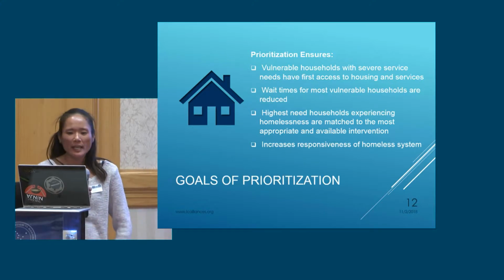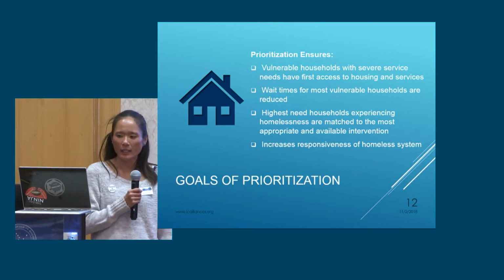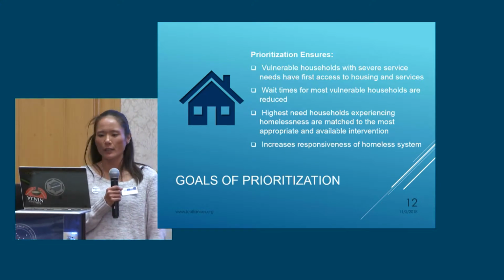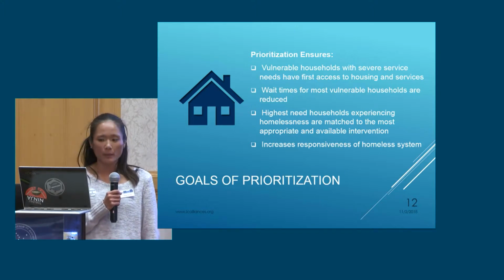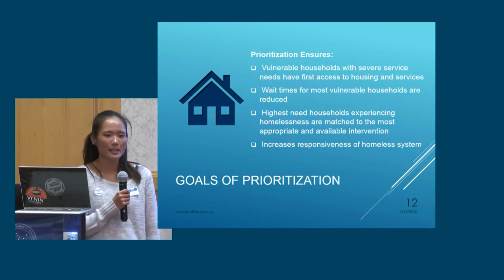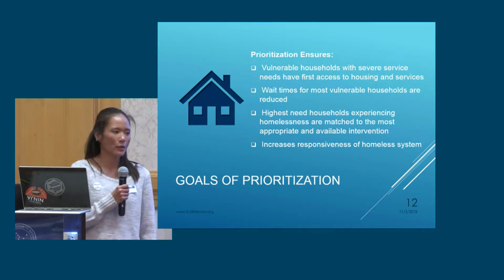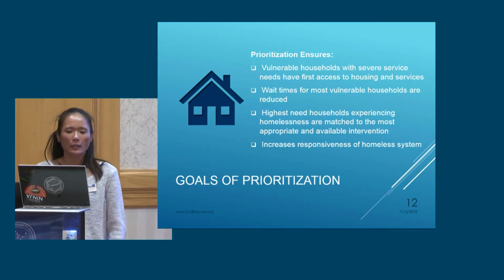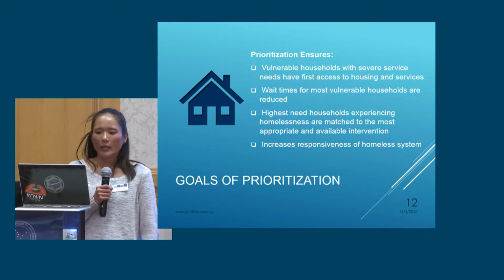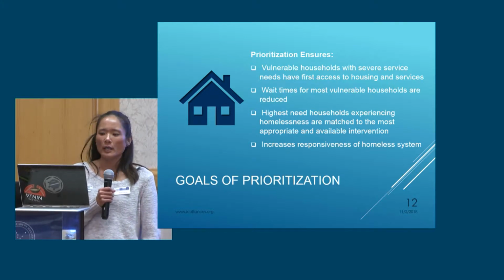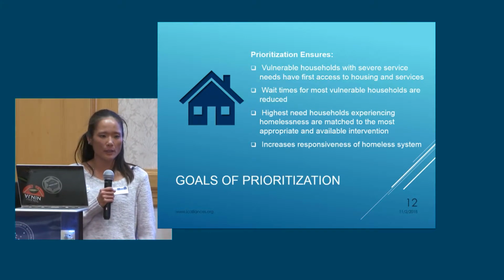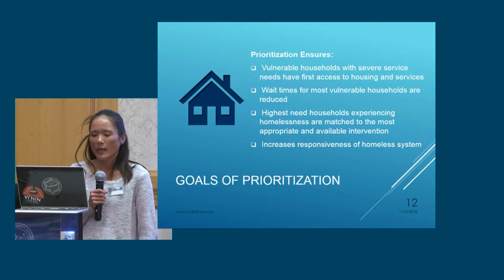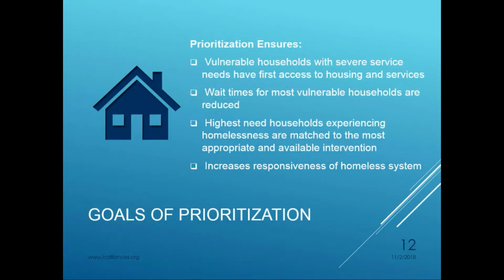So goals. Prioritization is based on a specific and definable set of criteria that are documented, made publicly available, and are applied consistently across the system. I think those are three key pieces of coordinated entry. Prioritization processes must also be consistent with the COC's written standards, and non-discriminatory prioritization practices must be used.